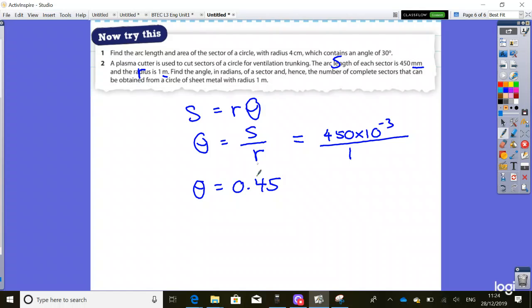Alright, that's simple, because in a full circle the complete angle is going to be 2 pi. Think about it, pi is 180, so 2 lots of 180 is 360. So how many of these fit into 2 pi is to divide by 0.45.